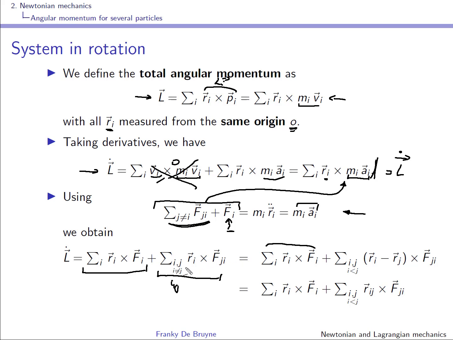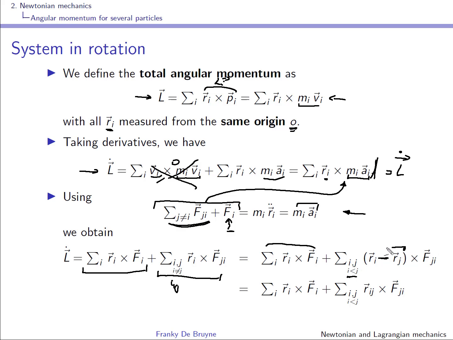Here we have a sum on ij, i different from j, but now we are going to do a sum on ij and i smaller than j. Okay, so it means over here that a Fji will become a Fij. Okay, so which means that you'll have a minus sign arriving here.